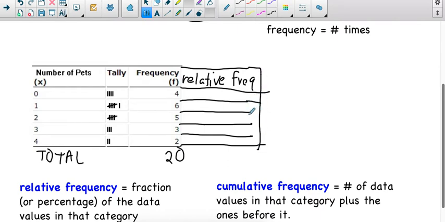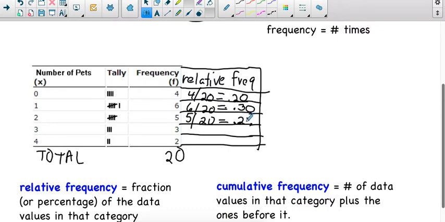I'm going to say 4 divided by 20, which is my total, is equal to 1 out of 5, or 0.20. 6 out of 20 is equal to 3 out of 10, or 0.30. 5 out of 20 is equal to 1 out of 4, or 0.25.